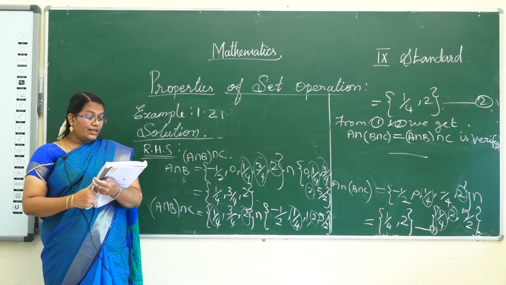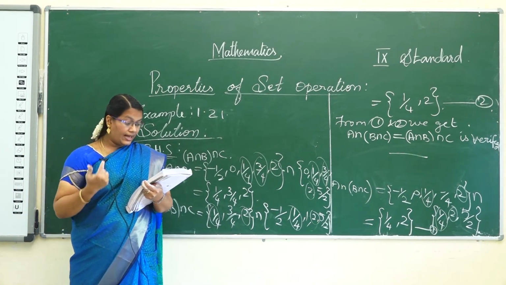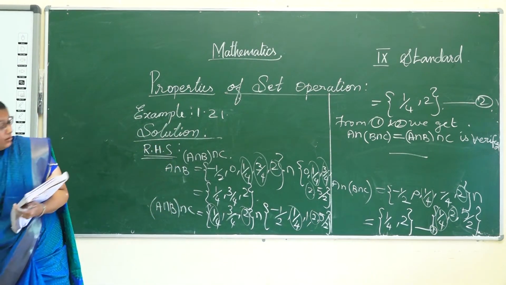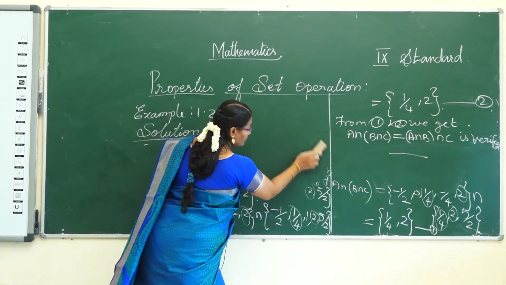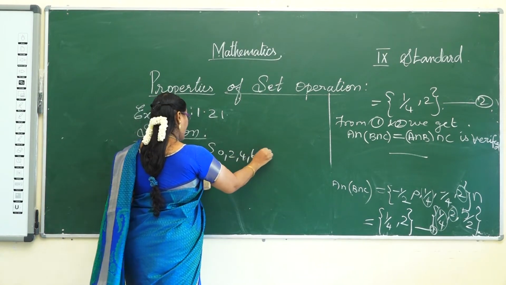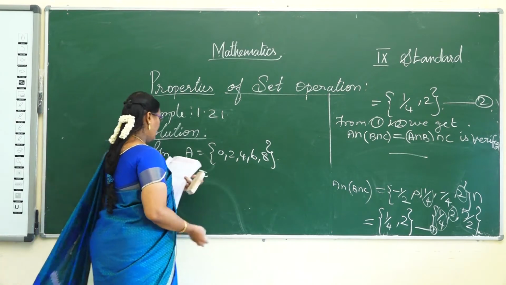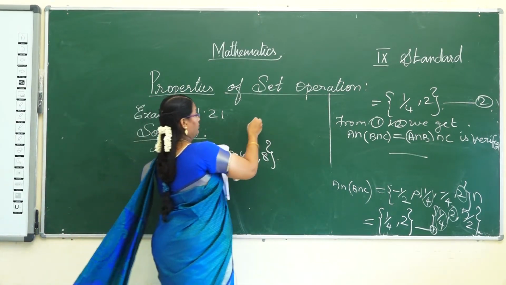And C is equal to {x such that x belongs to N, N means natural numbers, and x is less than 9}. A is 0, 2, 4, 6, 8, and B is x such that x is a prime number. Prime numbers already you know.